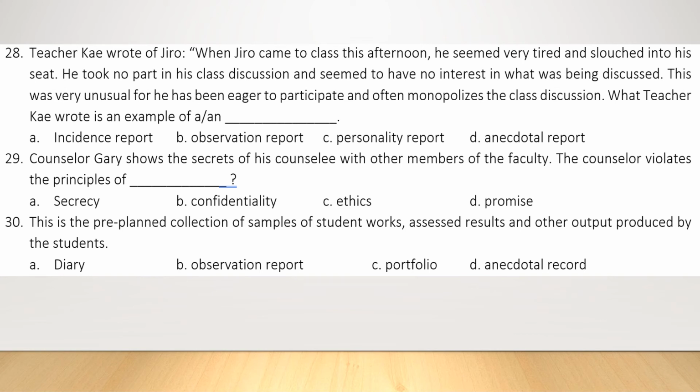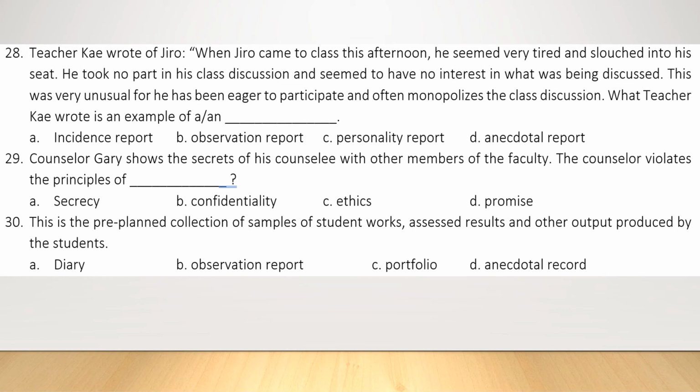Anecdotal report contains the teacher's observation regarding the behavior of the student inside and outside the classroom, how a particular student interacts with his or her classmates, how a particular student reacts or deals with the subject, the teacher, and all other factors inside and outside the classroom.